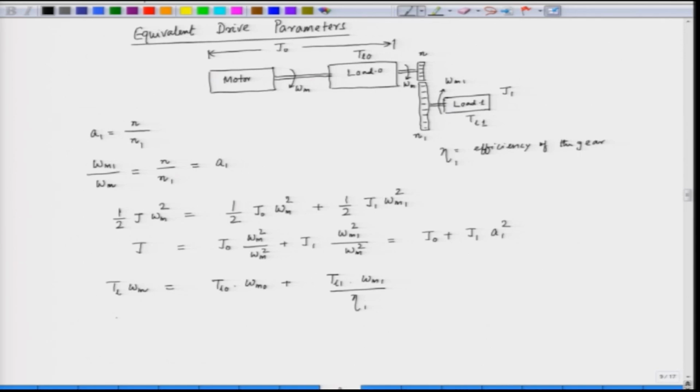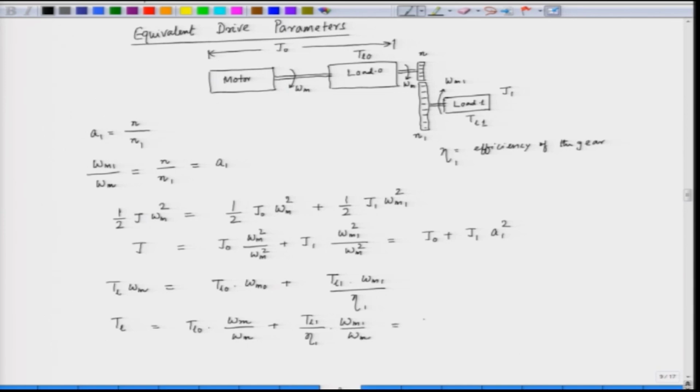So, again we can take this omega m to the right hand side, T L is equal to T L naught into omega m naught by omega m. Omega m naught is same as omega m here, plus T L 1 by eta 1 into omega m 1 by omega m.